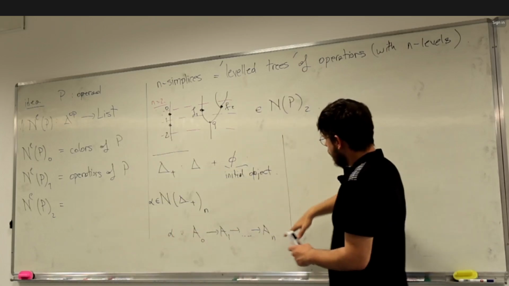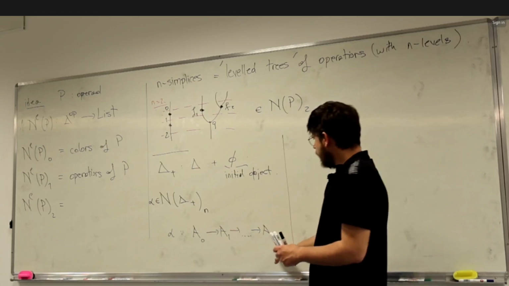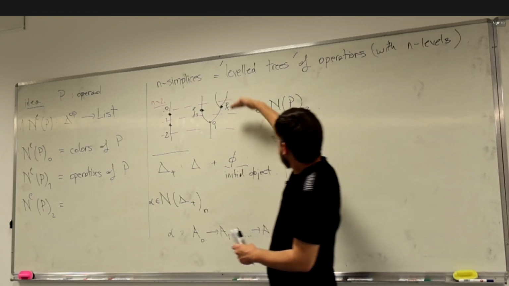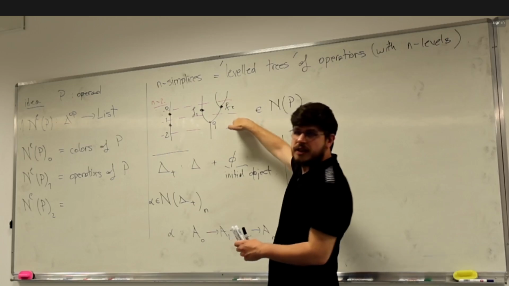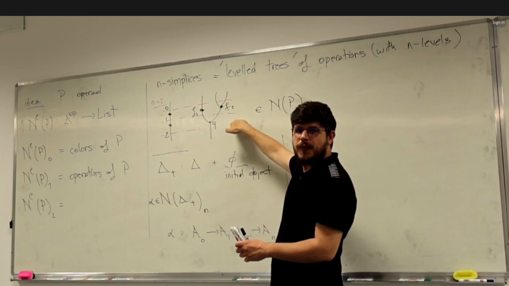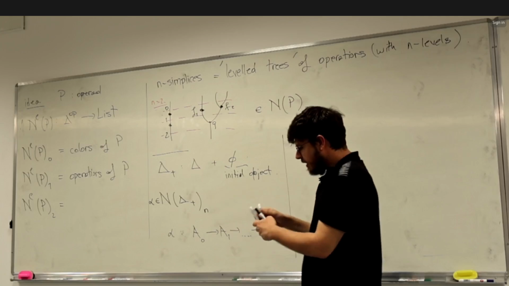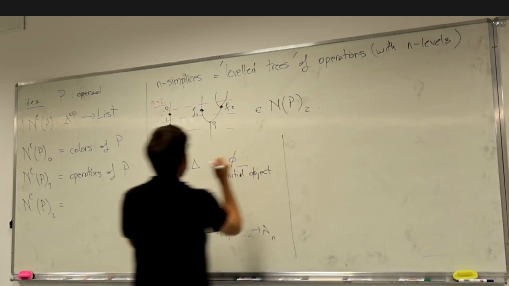The point is that if I have a sequence like this, it encodes this type of shape. Let's do this as an example of what I've drawn here.